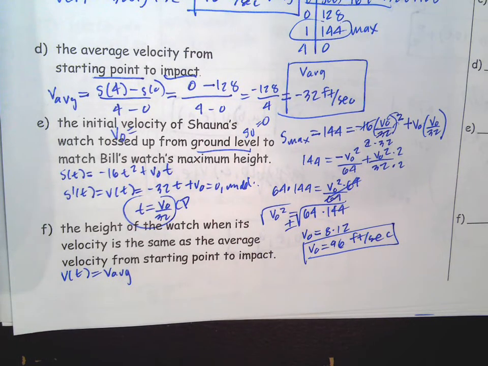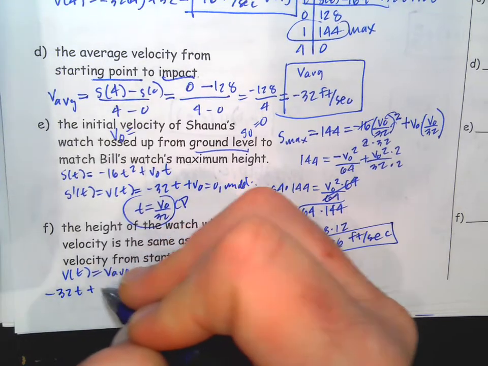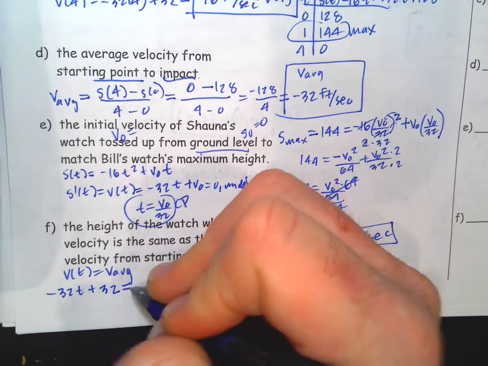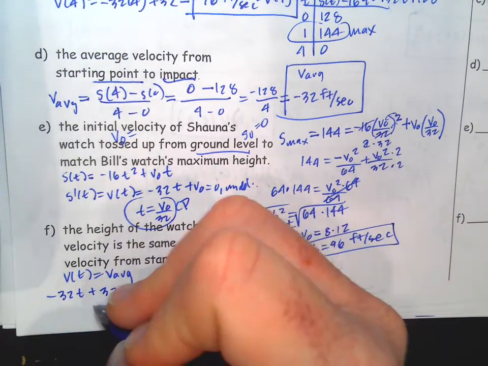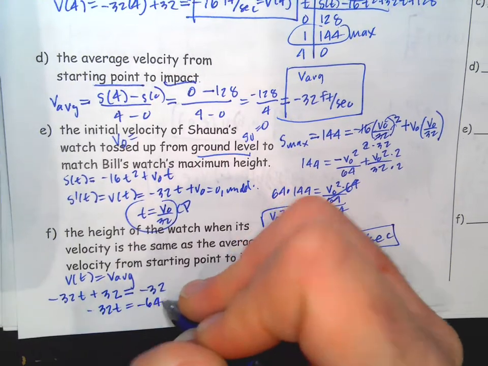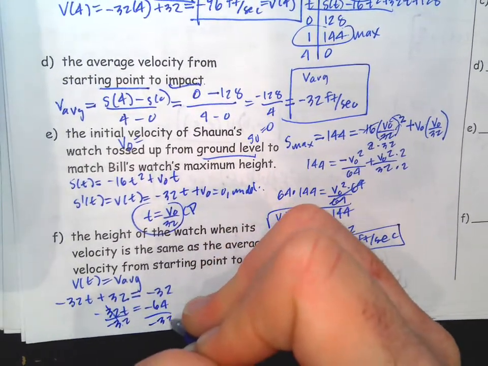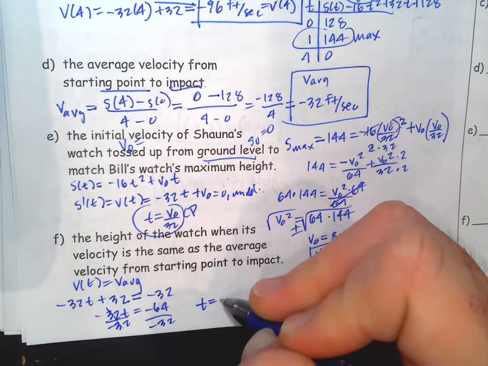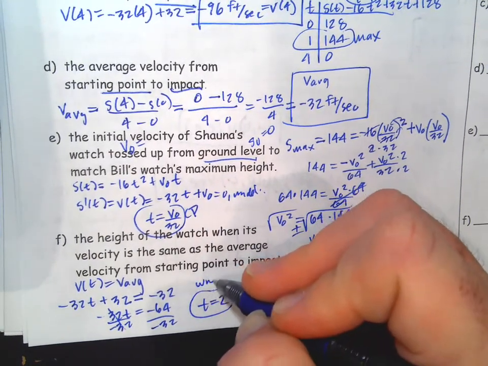So velocity is negative 32t plus 32, and it's going to equal the average, which was negative 32. So it's going to be negative 32t equals negative 64. Divide both sides by negative 32. So t equals 2. This is when it happens.